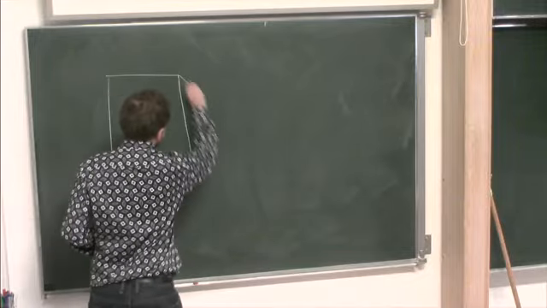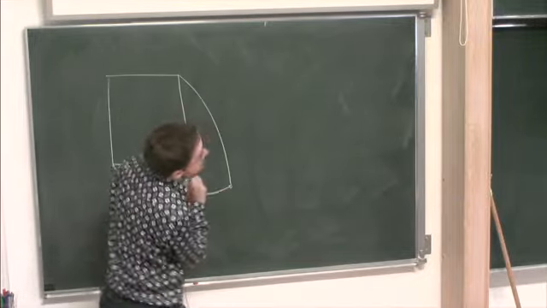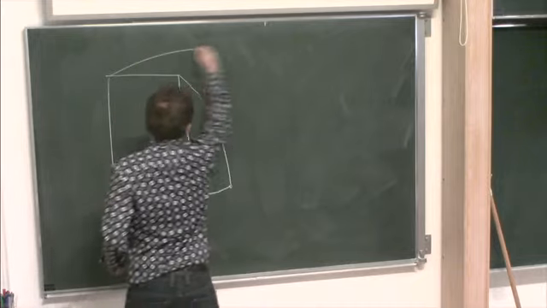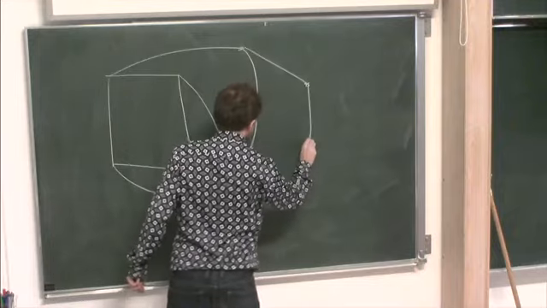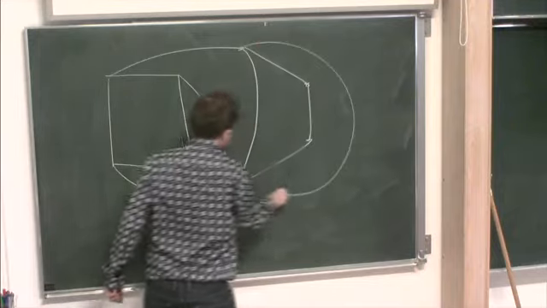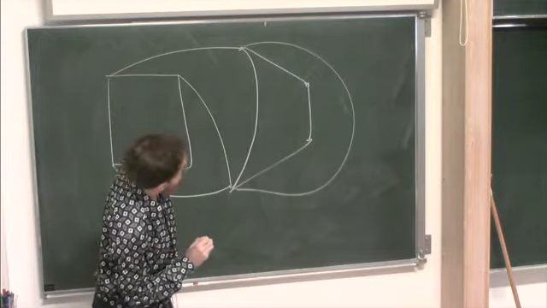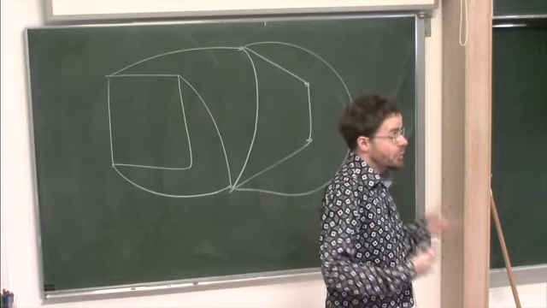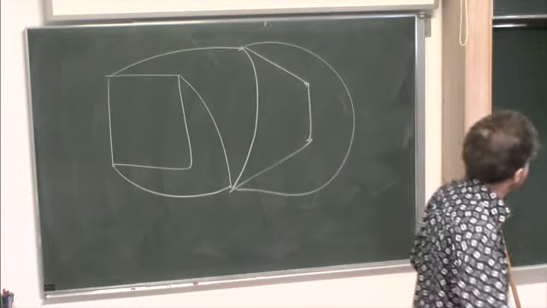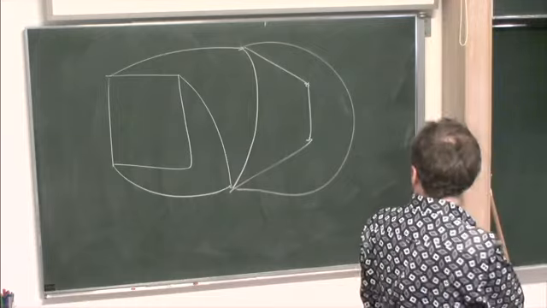So there's this square here, then there is this vertex here, and there is this vertex here, and there is a square like this, and there is one more edge here. So this is the quadrangulation. There's a problem with my algorithm. You always get the same quadrangulation. So let's see what we can do.